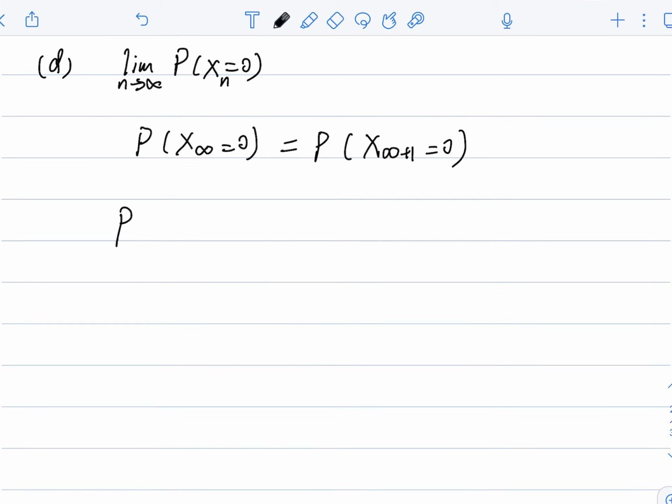Based on this rule, we assume the probability that x infinity equals 0 is a, and hence x infinity equals 1 has probability 1 minus a, because they are mutually exclusive.